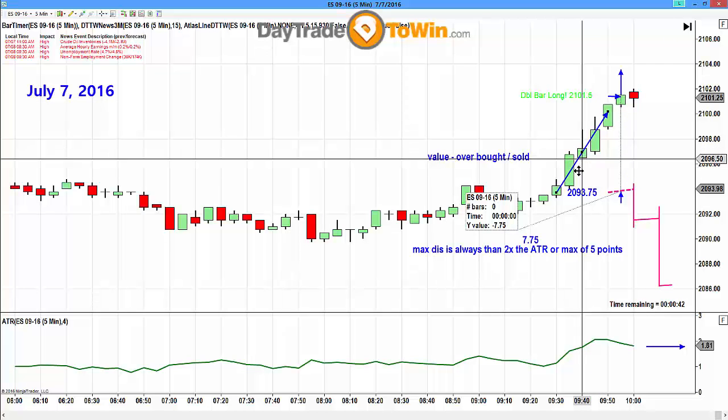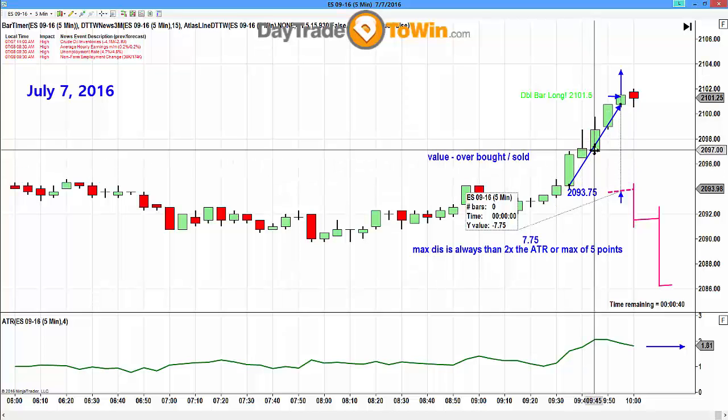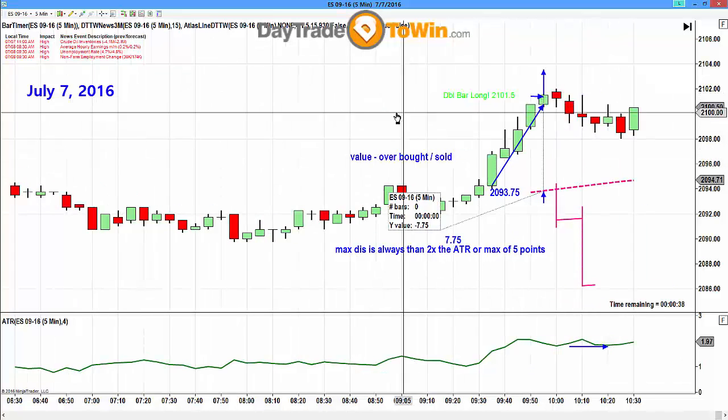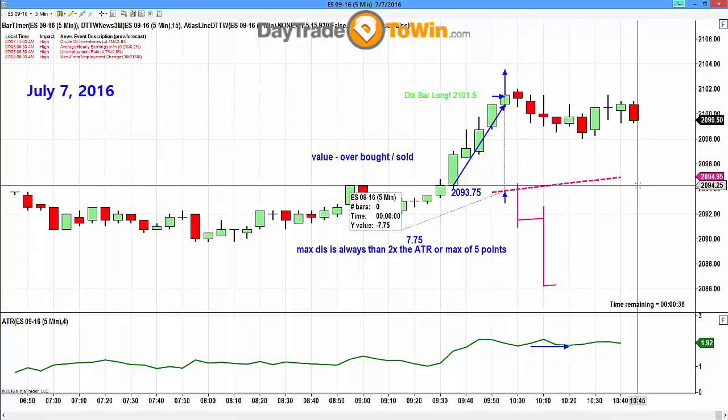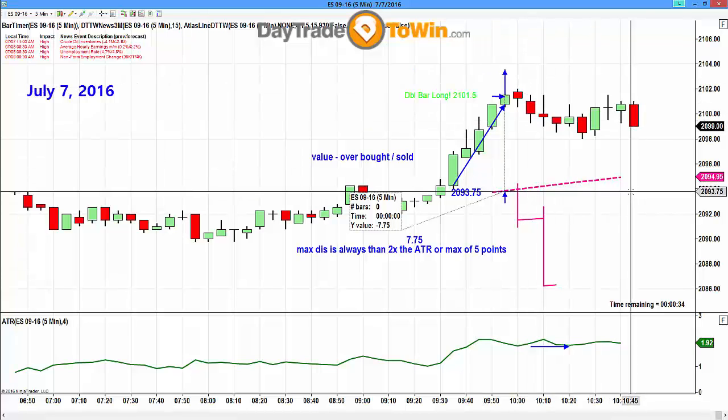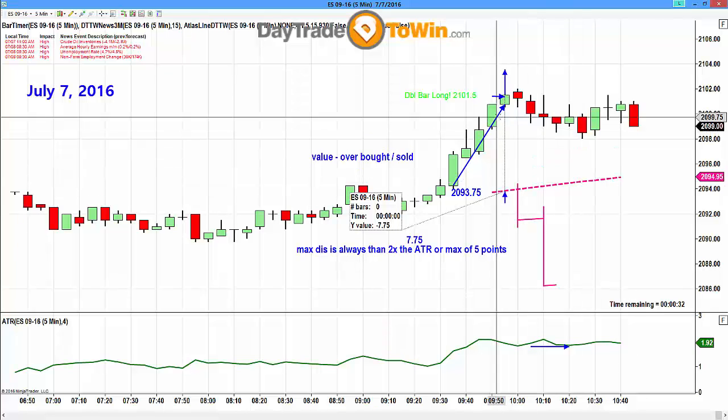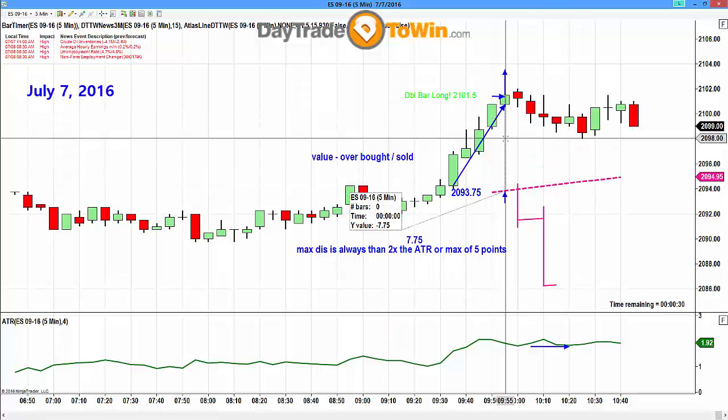But you don't want to be the last guy long or the last guy short, and then the market takes a break, it pauses, it is pulling back. So we have to know if the market is overbought and oversold at the time of entering. The Atlas line, when it generates the signals, tells me right away, am I entering after the fact, after this move has already happened?